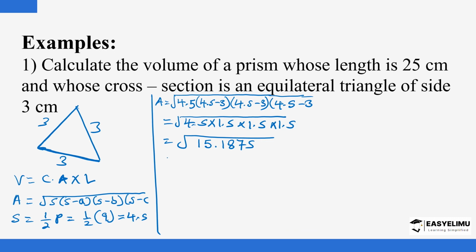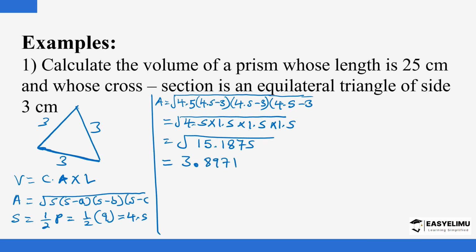Remember we talked about multiplication of decimal numbers. If you use the tables of square roots to find the square root of 15.1875, you'll get 3.8971.